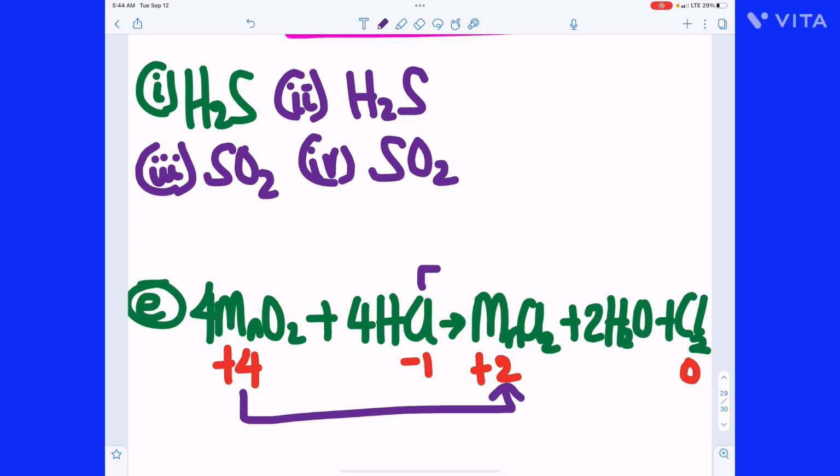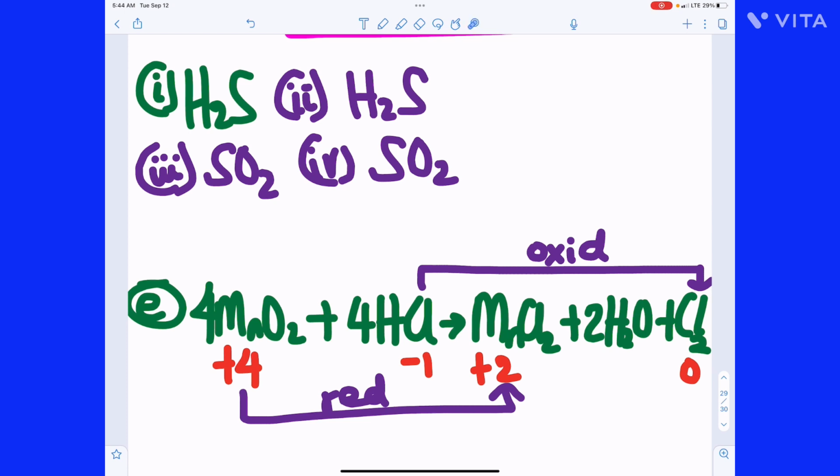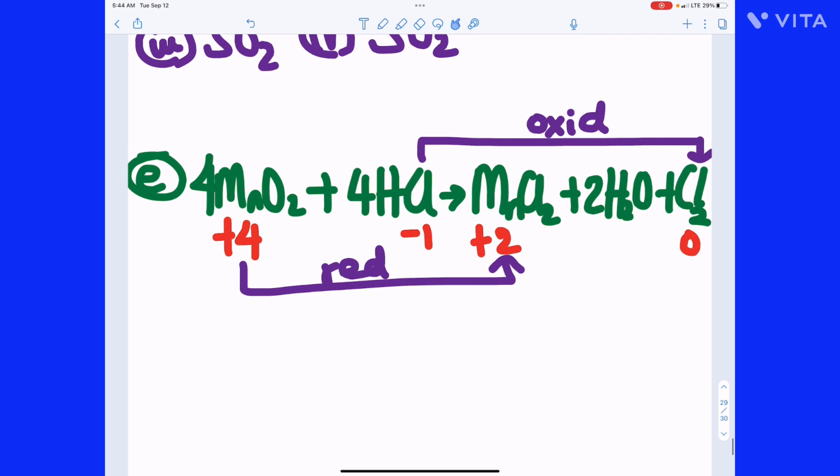But this is an increase from -1 oxidation number to 0. So this is an oxidation, while this is a reduction. Take note of that. This is very essential that you know how to pick which substance or atom gets oxidized or reduced in a redox reaction.